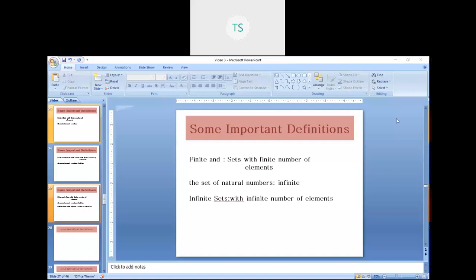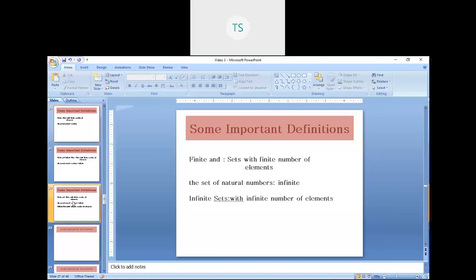You can say that the set of whole numbers is an infinite set, because whole numbers start from 0, 1, 2, 3, 4, 5, 6, 7, 8 and so on. So the set of whole numbers is also an infinite set.